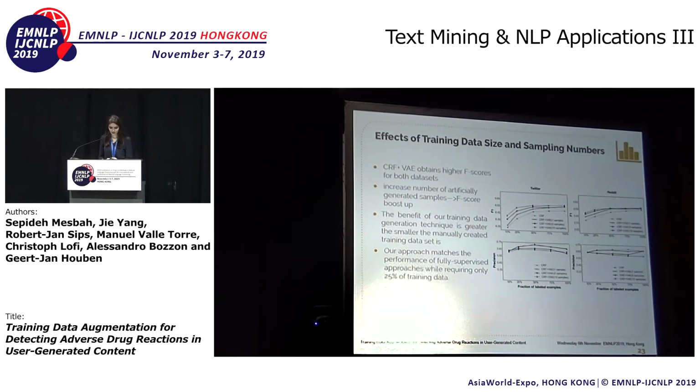Also, increasing the number of artificially generated samples can again boost the F-score. We can also see that the smaller the amount of manually annotated training data, the larger the effect of adding the variational autoencoder.